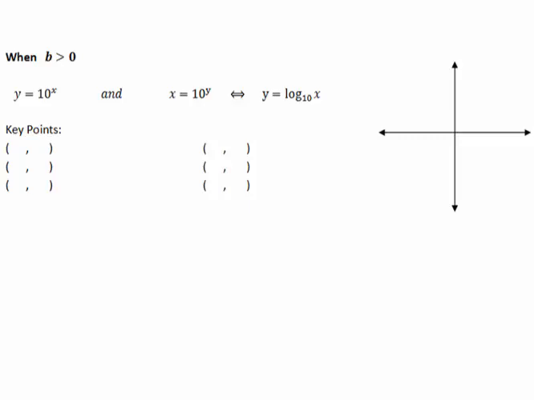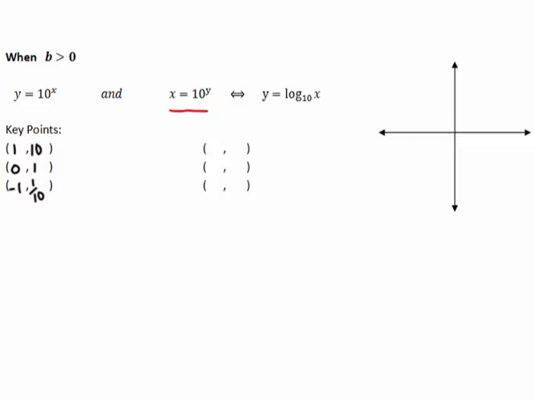If we have y equals 10 to the x, our key points of 1, 0, and -1 will give us 10, the base, always 1, and 1 over the base. Now, if we were looking at the inverse of that, let's just consider reversing them around, and the inverse can be written either way.